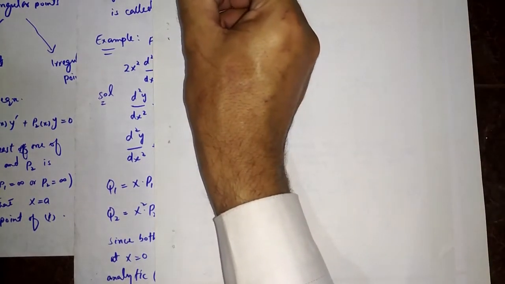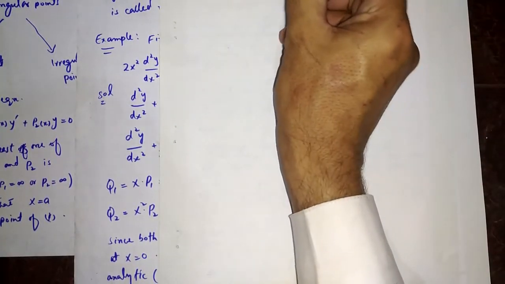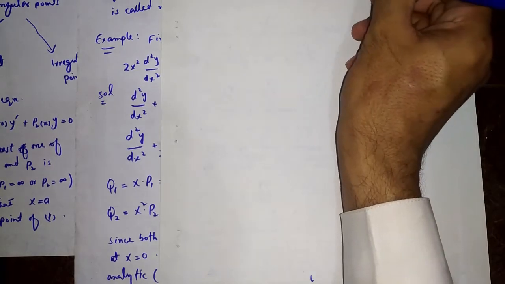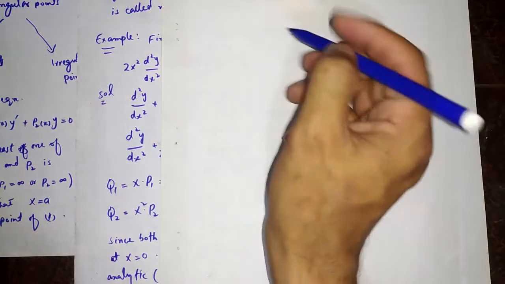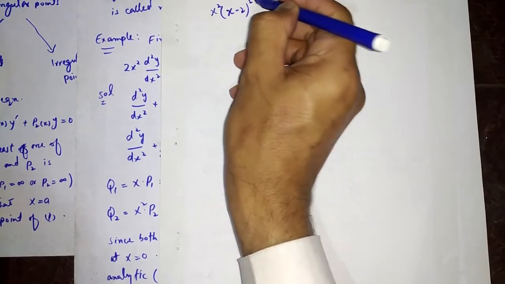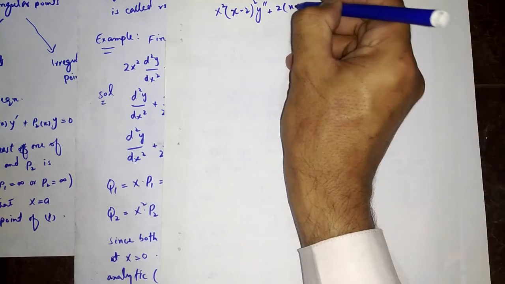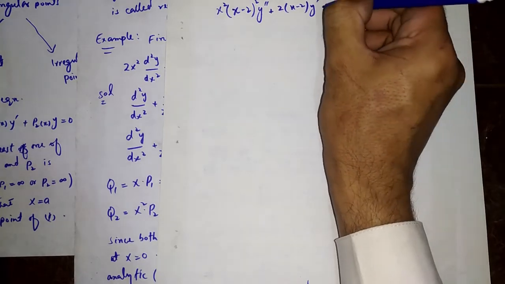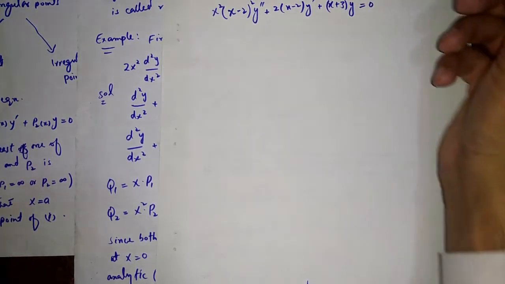Another example: find the regular singular point of the differential equation, which is x square into x minus 2 whole square y double prime plus 2 into x minus 2 y prime plus x plus 3 into y, equal to 0.